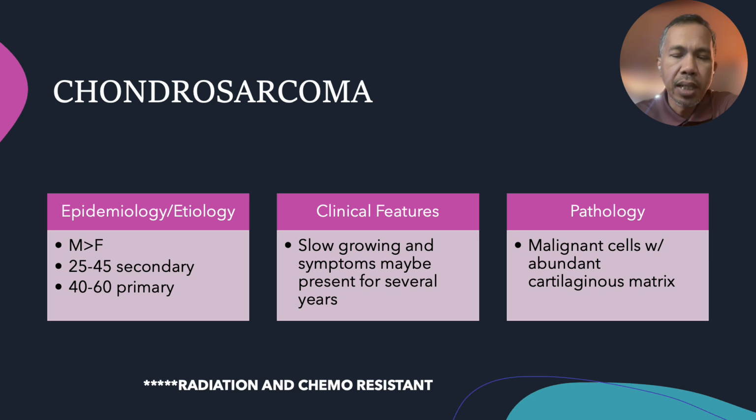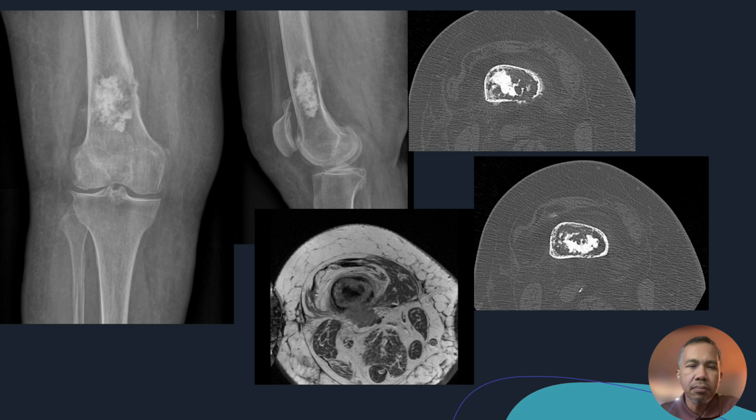Hence, surgery is the mainstay of treatment. Previously diagnosed enchondroma patient. Through time, the lesion went into different behavior. You notice an osteolysis around the medial and supero-posterior area. This one, medial and supero-posterior area.